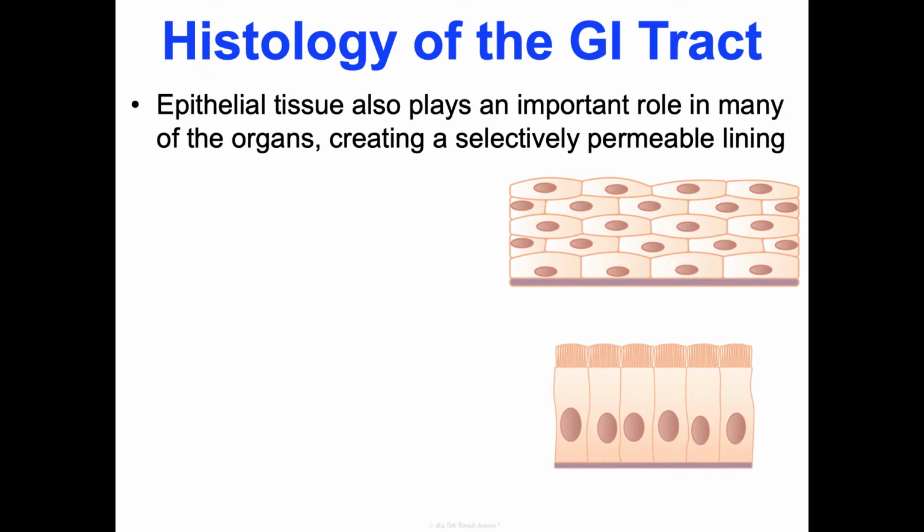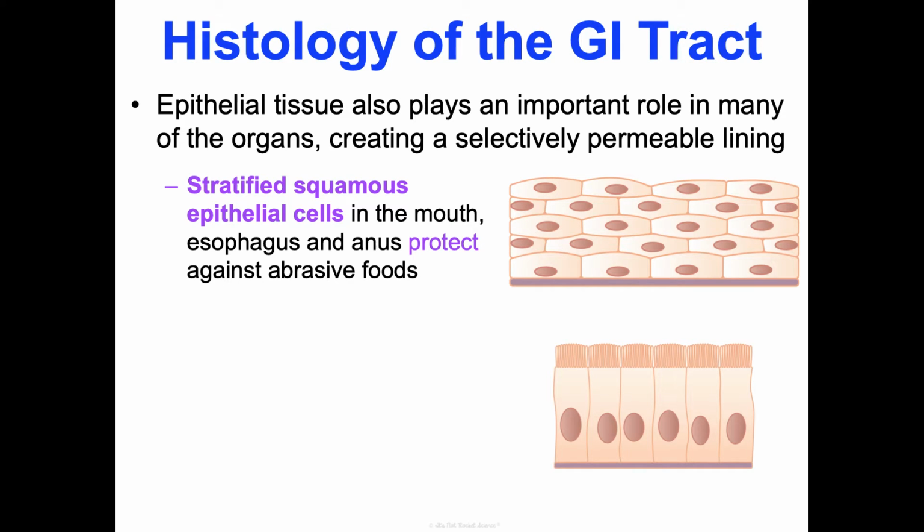Continuing with the histology, again, this is such a brief overview. Epithelial tissue also plays an important role in many of the organs by creating a selectively permeable lining. Specifically, stratified squamous epithelial cells in your mouth, esophagus, and anus are there to protect against abrasive foods.